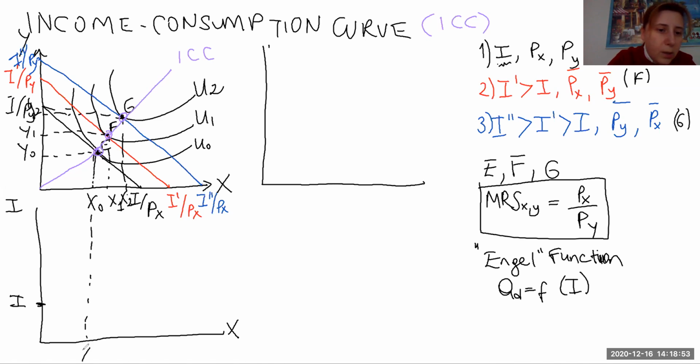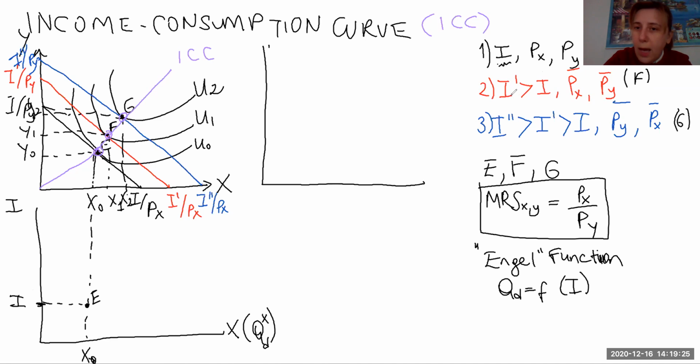So the first couple of income and quantity demanded of good x is located just here. That's the reflection of the point E, the choice of the consumer, for the Engel function. So if the income is I, then x0 amount of x will be consumed for the maximum utility.